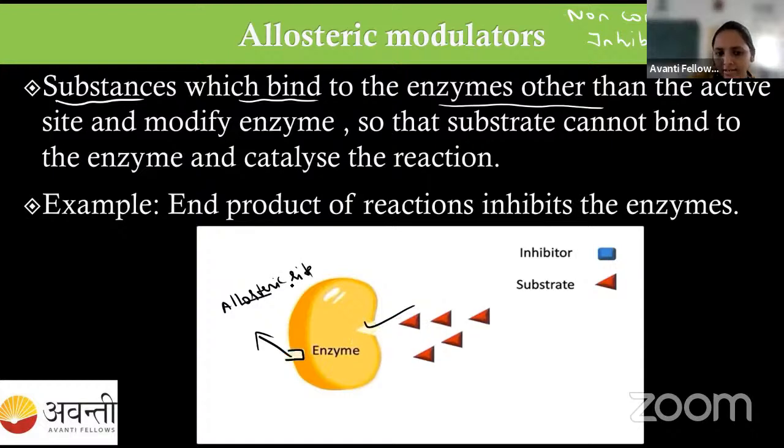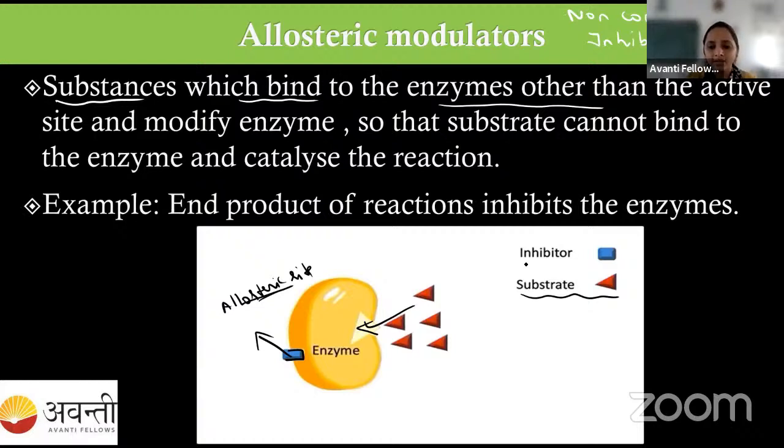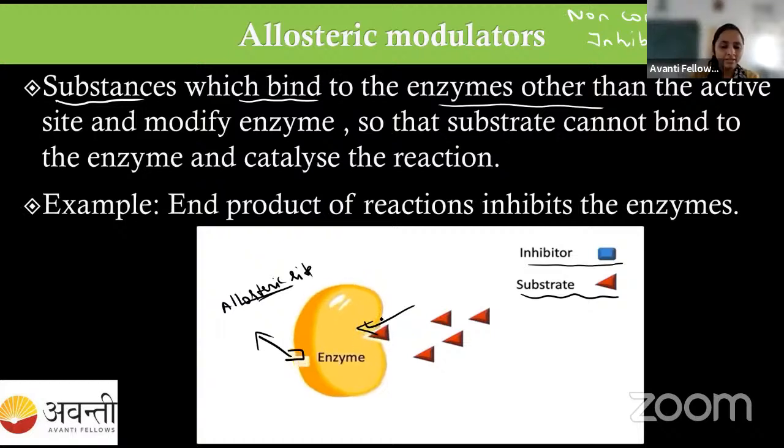The substrate comes and binds to the active site, then it is converted into the product. Whenever this blue inhibitor binds to this allosteric site, the active site of the enzyme is going to be damaged. It is going to be changed.